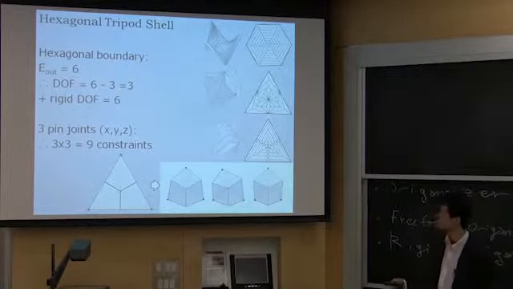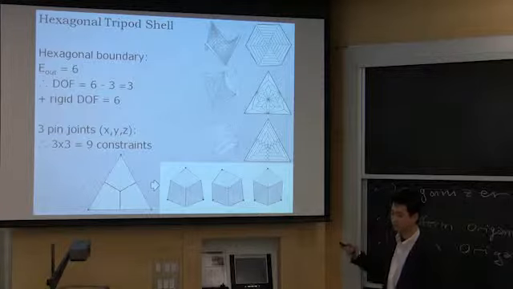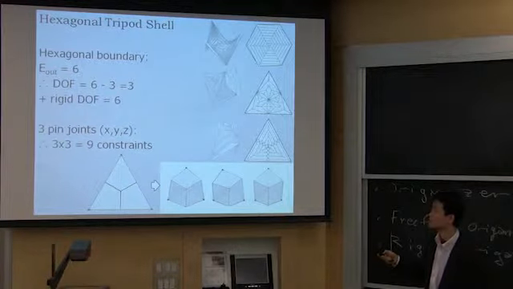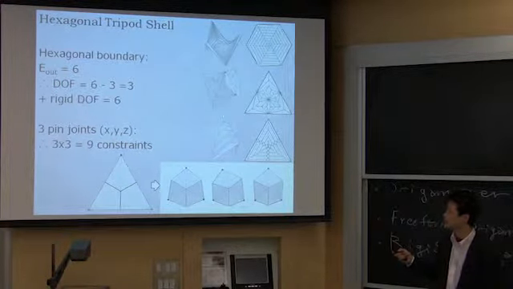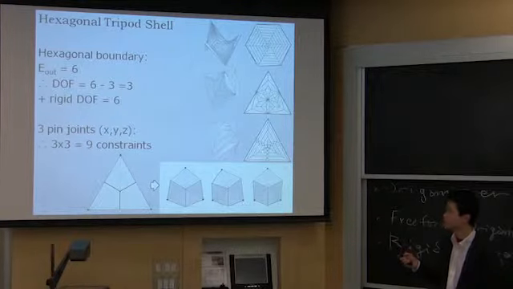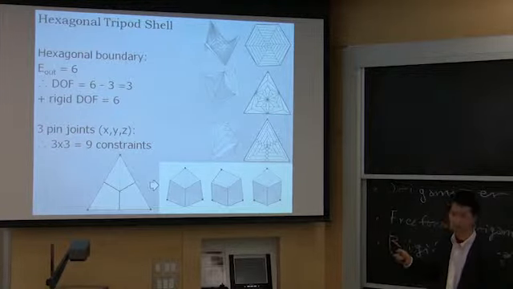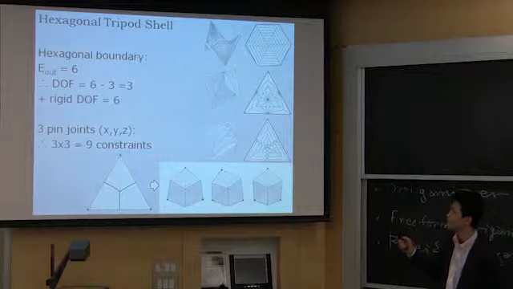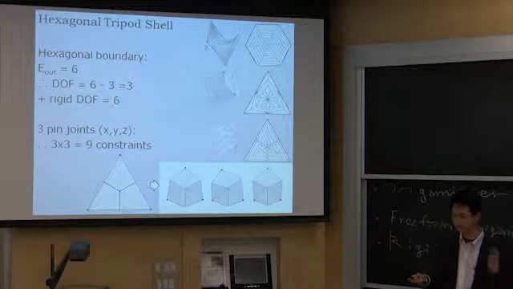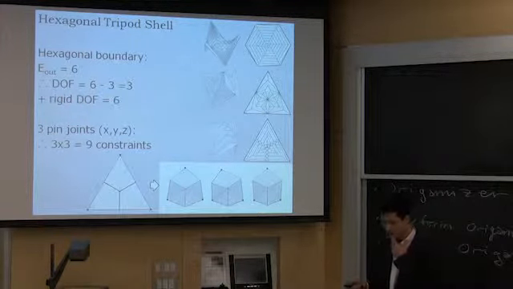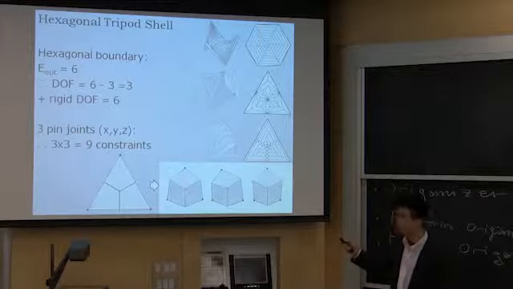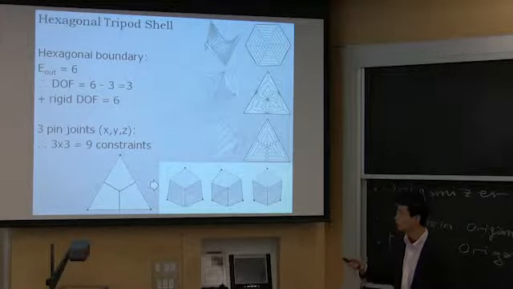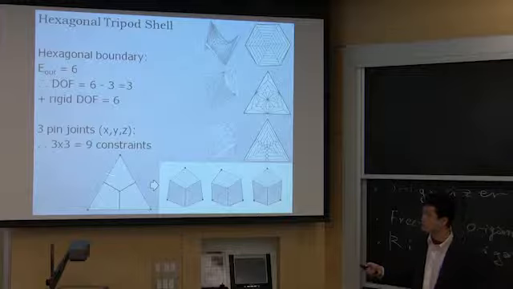And we can generalize it to cases where there are holes also. And with this idea, you can make a hexagonal tripod shell, which is using 6 edges, so a hexagonal boundary, so that the degree of freedom is 3. And then we pin joint 3 of the vertices, which gives 9 constraints.